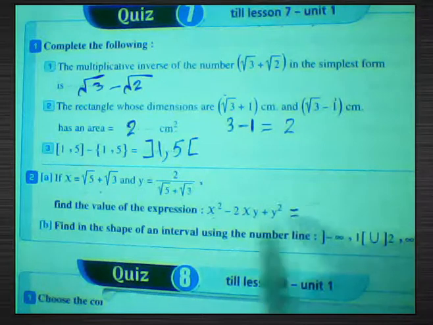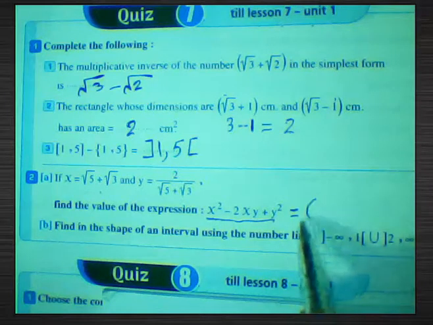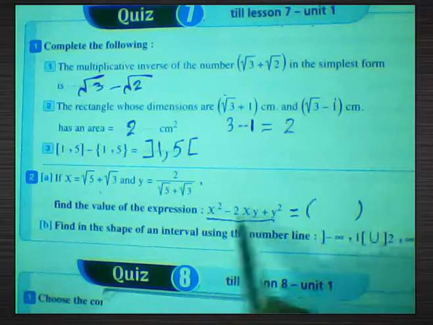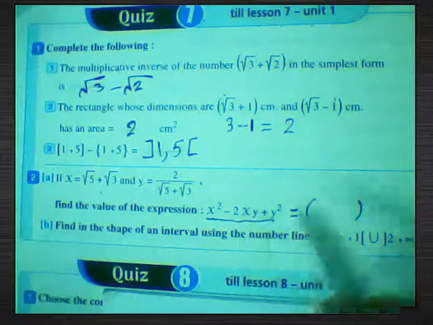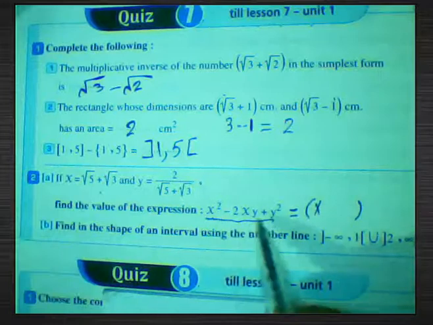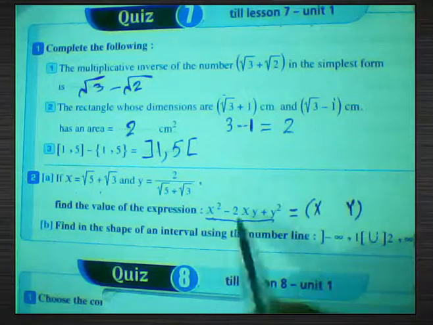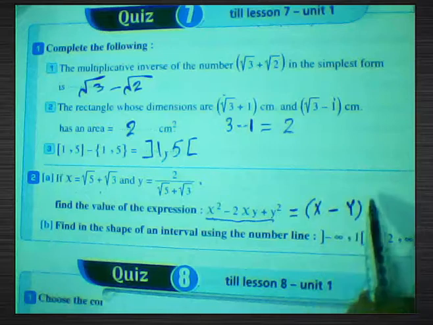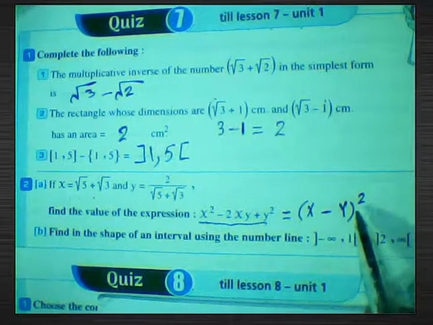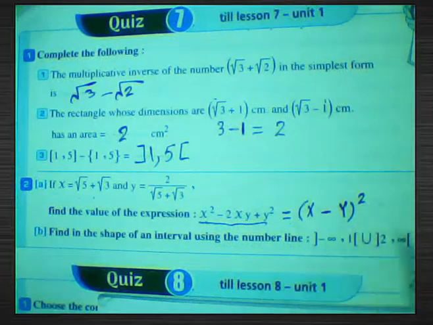We know this expression can be written as the square of the difference, (x subtract y) in parentheses to power 2.